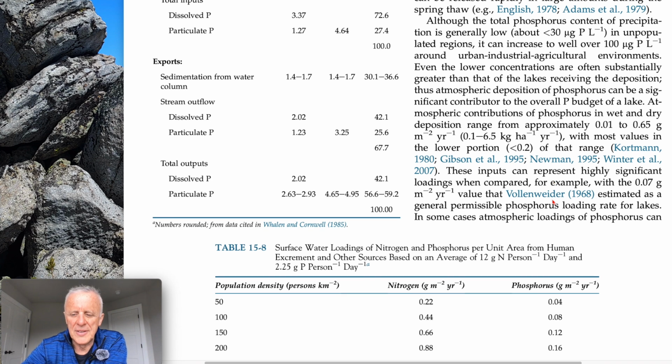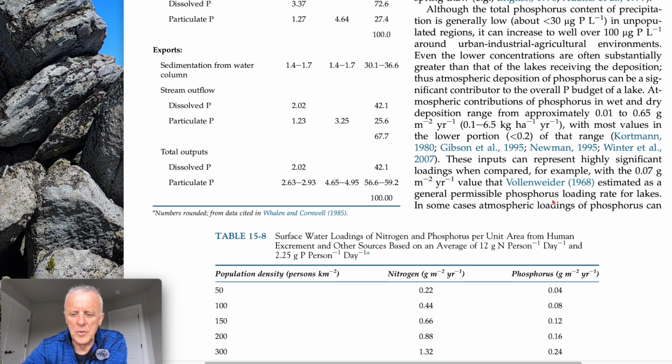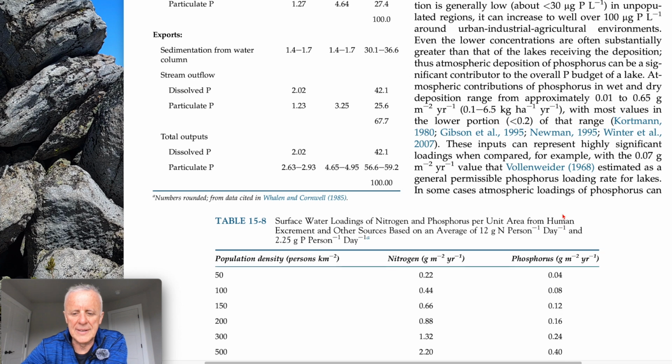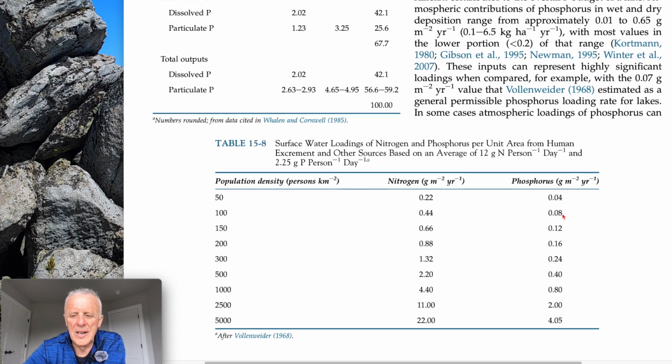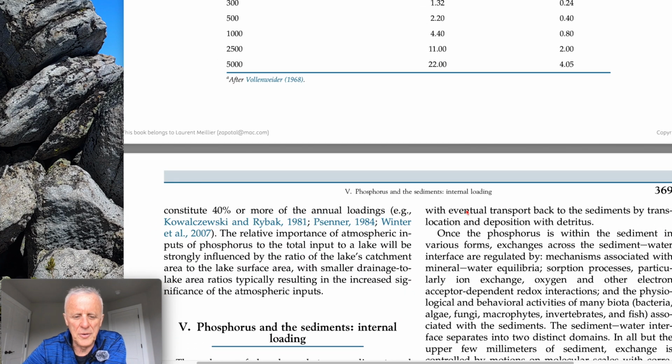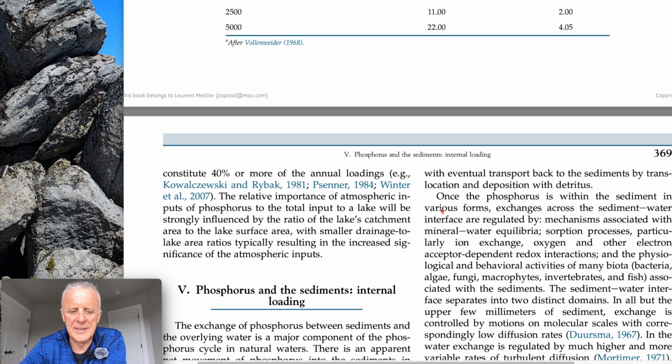These inputs can represent highly significant loadings when compared, for example, with the 0.07 gram per square meter per year value that Vollenweider estimated as a general permissible phosphorus loading rate for lakes. In some cases, atmospheric loadings of phosphorus can constitute 40% or more of the annual loadings.